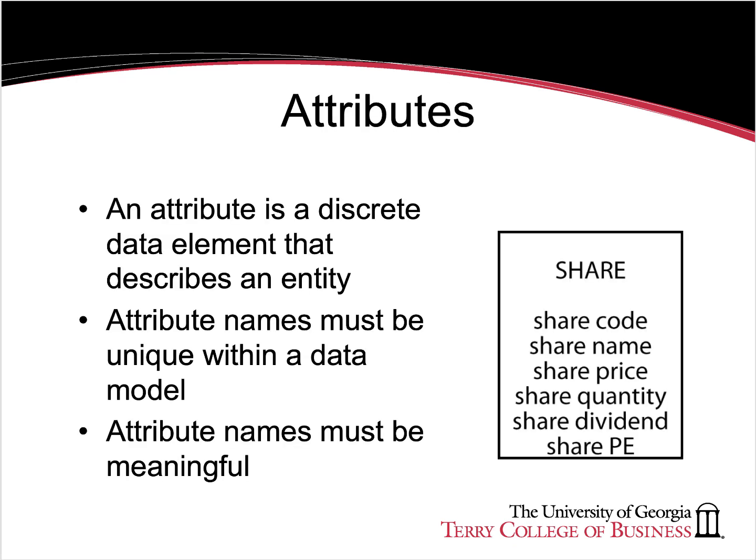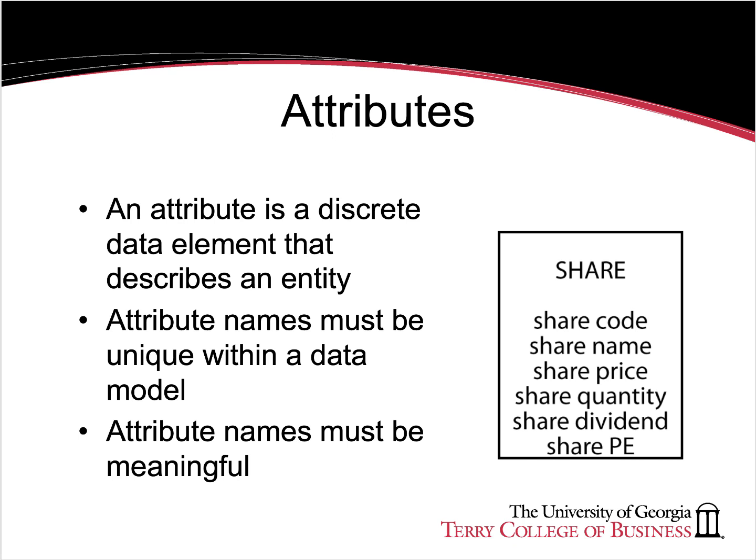Attributes are facts that we want to know about the entity or discrete data elements that describe the entity. Now, obviously, attribute names must be unique as we don't want to be confused when attributes have the same name. Attribute names must also be meaningful, and by this I mean that when we use an attribute name, that attribute name should be understood by others that might also see and share that data model.